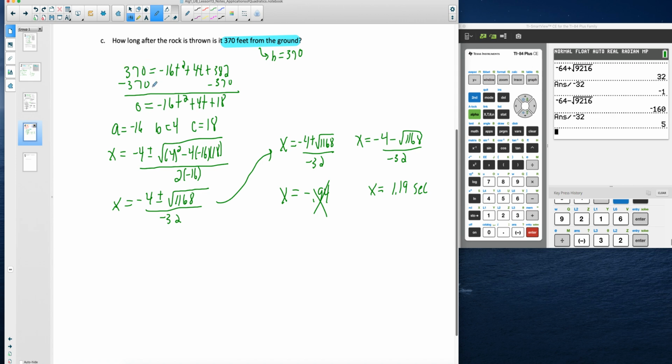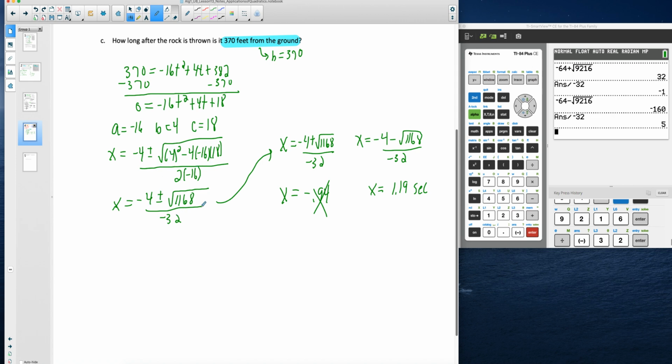But here's where the additional work comes in, because in order to solve, it has to be equal to 0. So now I have to subtract that 370 from both sides. And I get 0 equals negative 16t squared plus 4t plus 18. So our a value is negative 16, our b value is 4, but our c value has changed now. It's 18. I'm going to take all those and put them into the quadratic formula like you see here.